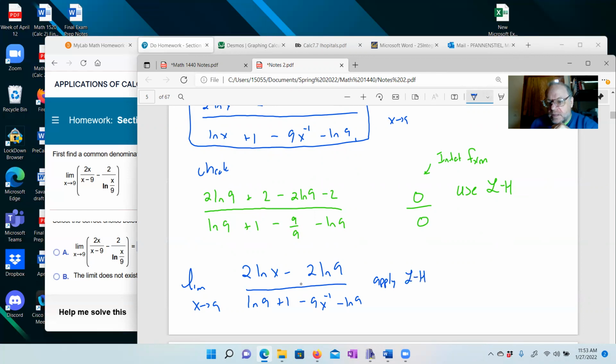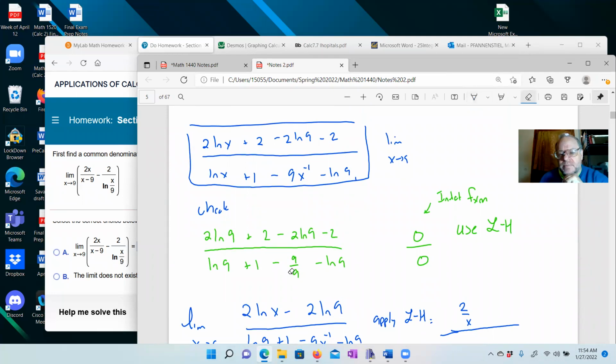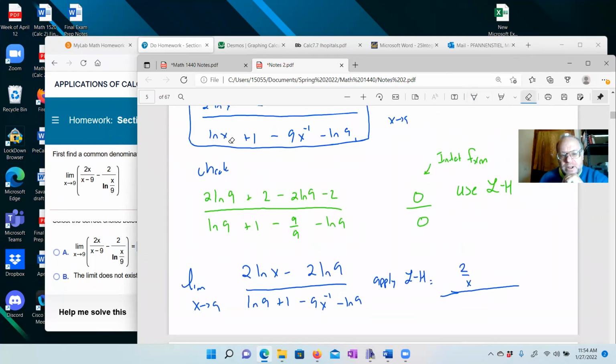L'Hopital's. Okay, so the derivative of the top, that's just going to be 2 over x. Okay, minus, what's the derivative of this constant? 0. The derivative of, I'm sorry, this wasn't natural log 9, this was natural log x. Right, because we are here.